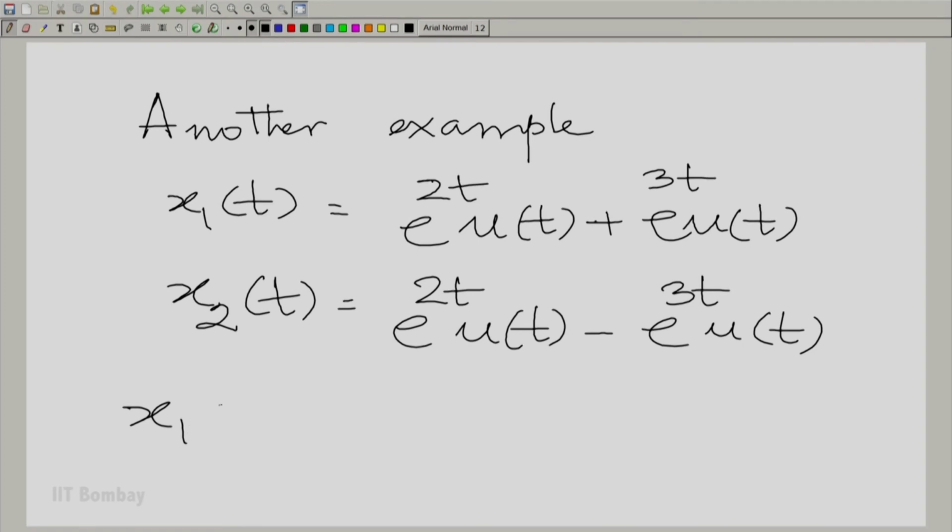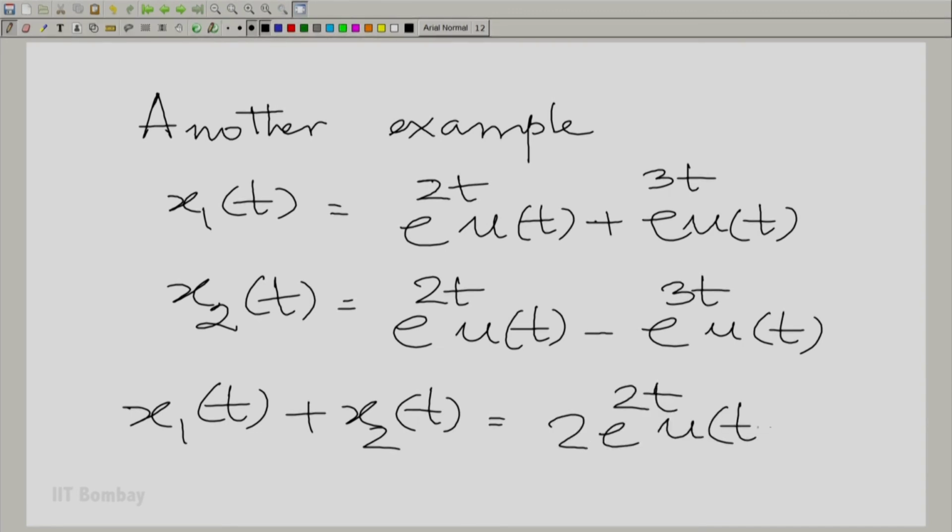So, you took x1(t) plus x2(t). That would be essentially 2 times e raised to the power 2t u(t).